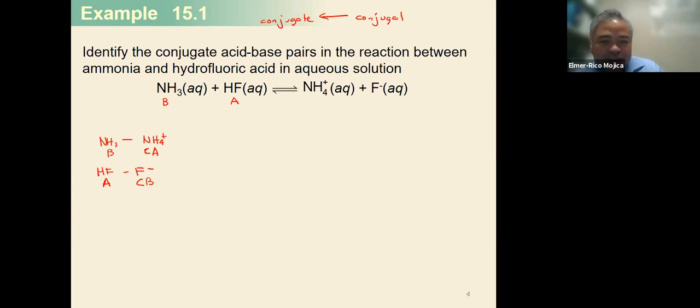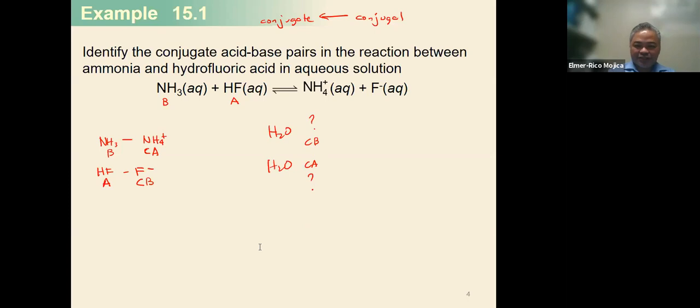So if I ask you what's the conjugate base of HF, you should be able to say, okay, conjugate base, so that means one less hydrogen. Or what's the conjugate acid of NH3? So that means one more hydrogen. That's why if I ask you, what's the conjugate base of water, or what's the conjugate acid of water, you should be able to answer a question like that.